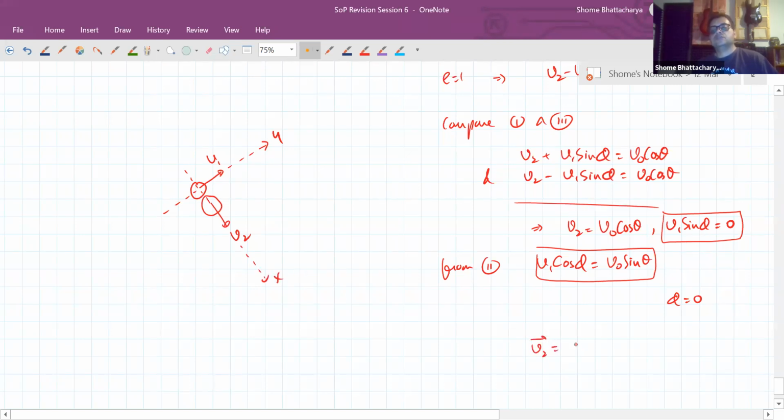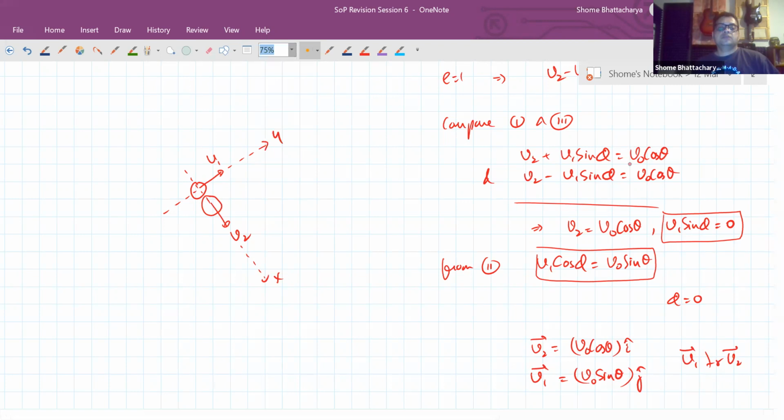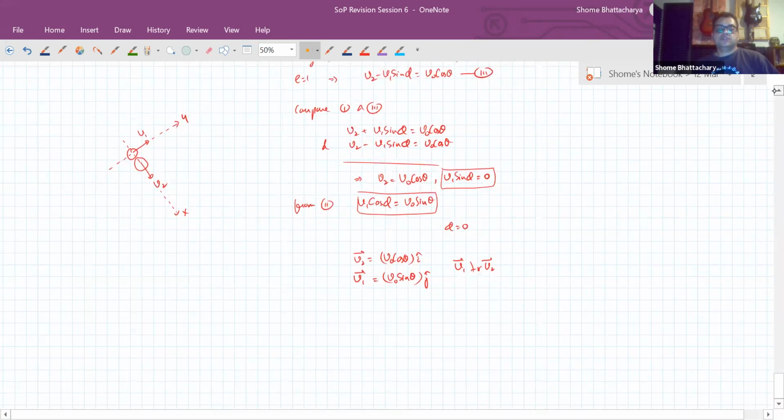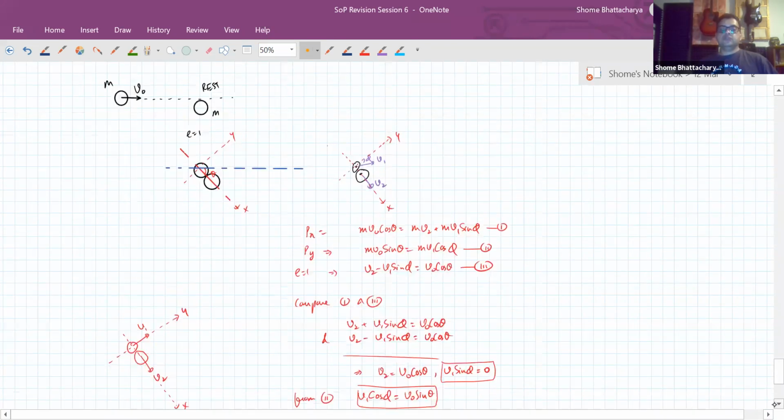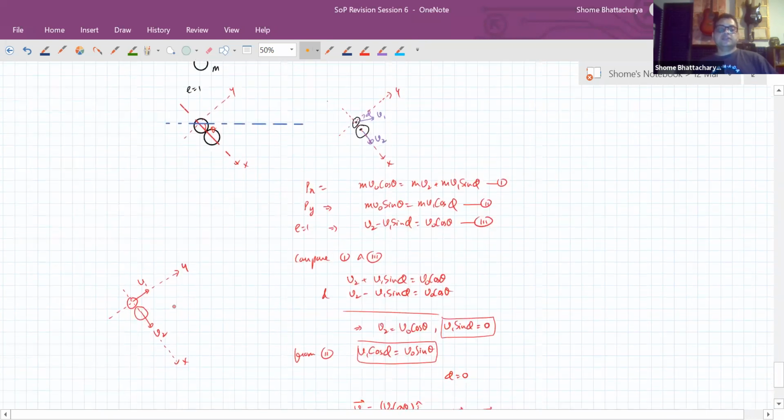So v2 is actually equal to v0 cos theta along the x-axis and v1 is equal to v0 sin theta along the y-axis. So v1 is perpendicular to v2. So that is one way to interpret this perfectly elastic collision, which is oblique in nature, and understand the fact that the particles' final velocities are orthogonal or perpendicular to each other.